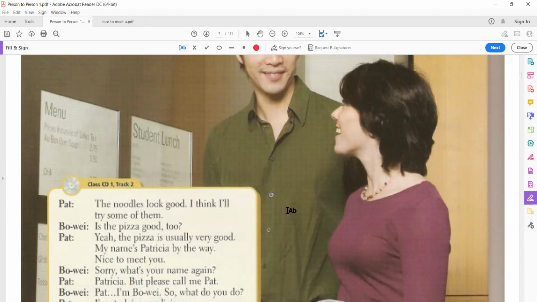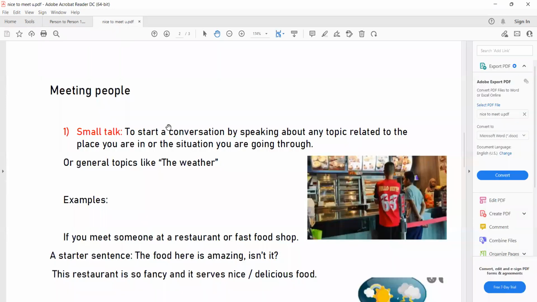So it's related to the place they are in. She can't just talk about, let's say, cars. She can't say cars are great, because they are not in a car market. So she started the conversation with something called small talk.